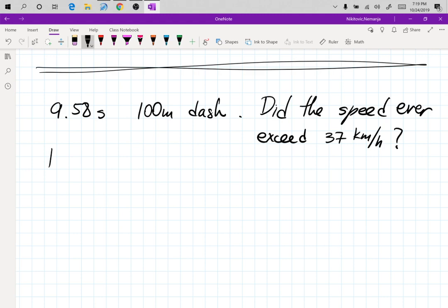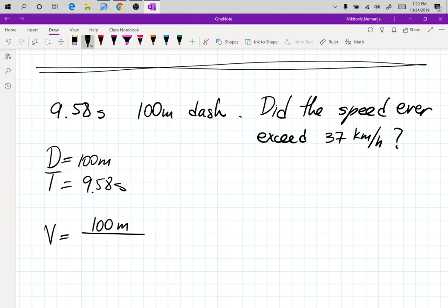So we have our distance, 100 meters. We have our time, 9.58 seconds. Convert this into kilometers per hour. It's metric. So the speed is distance over time. I need to deal with seconds.